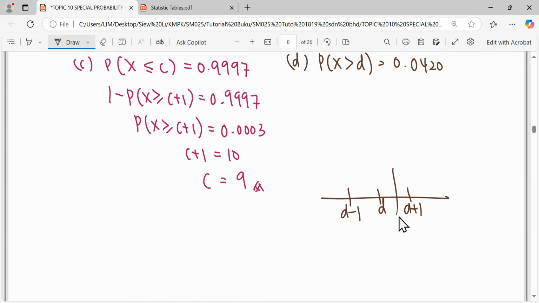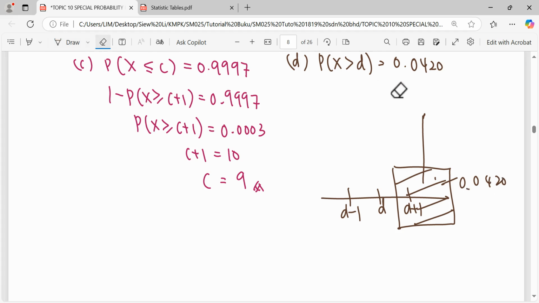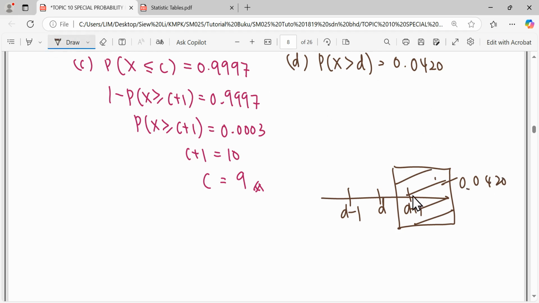Now I have more than d, so more than d is this side, not including d. So this side is the region of 0.0420, which means in reading the table, we read X ≥ d+1 to get this probability 0.0420. We straight away get the right side region.